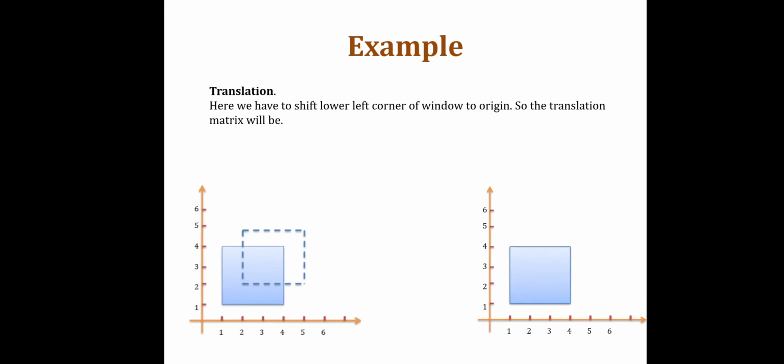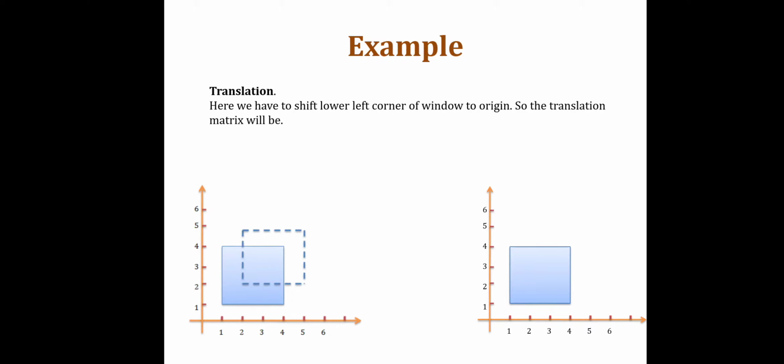The first step is a translation, where we shift the lower left corner of our window to the origin. This is our first translation: we are just shifting the lower left corner of that window to the origin of our coordinate system.